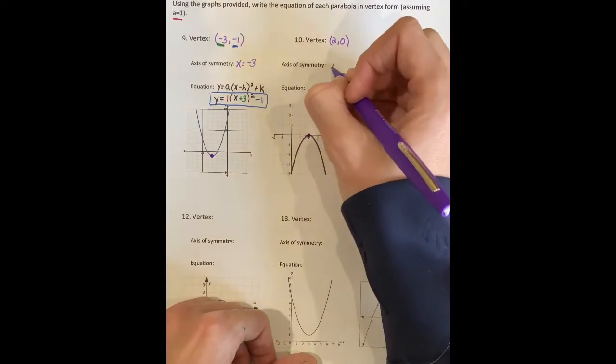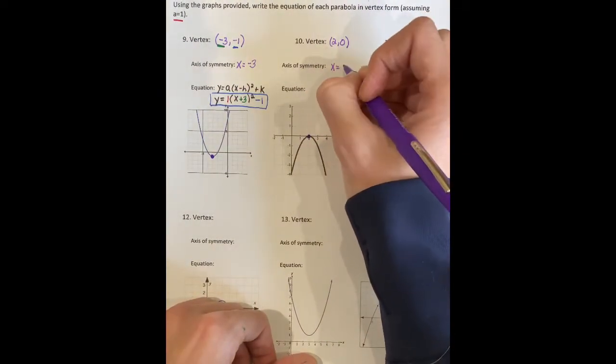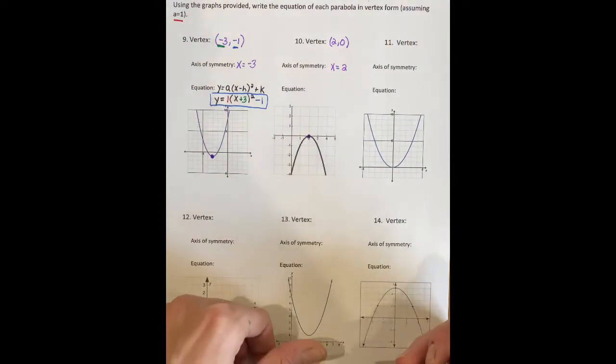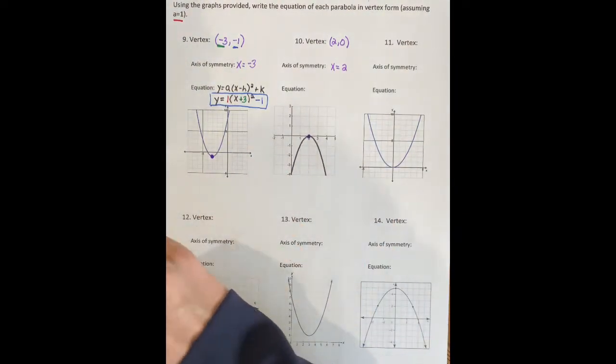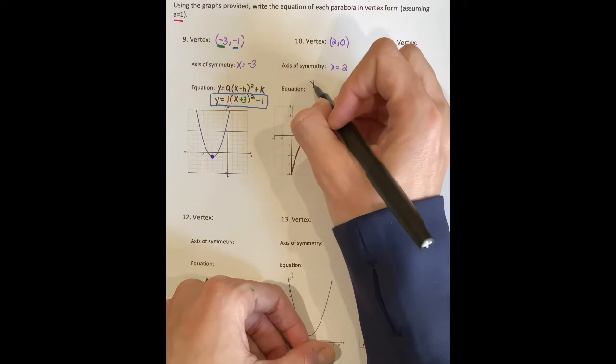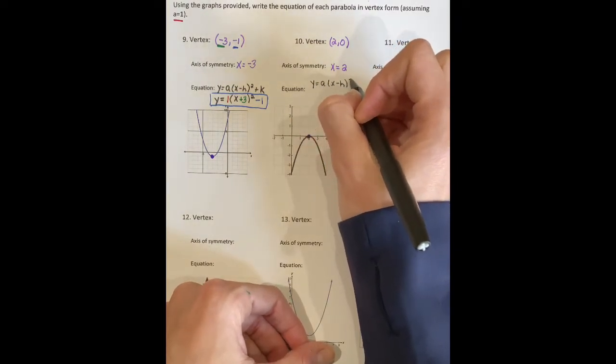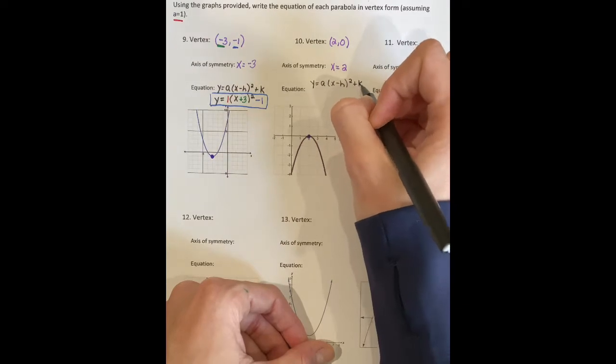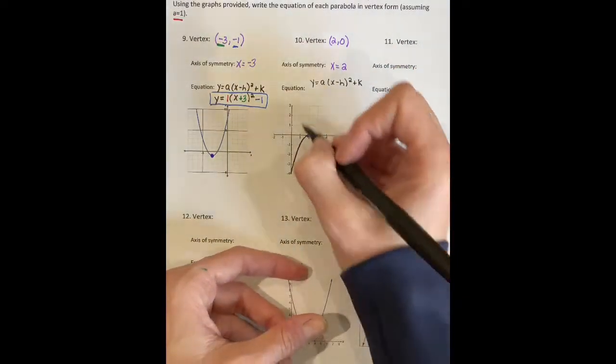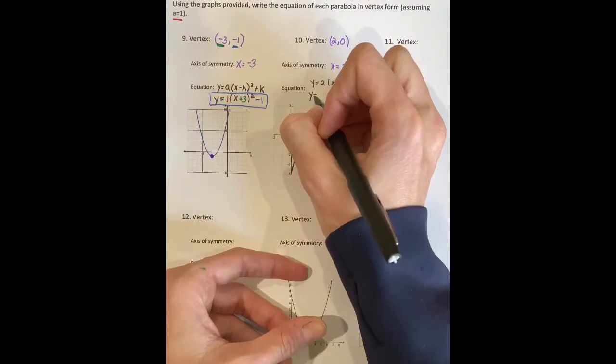So my axis of symmetry is always x equals 2. Then we need to write our general formula of the equation. y equals a(x minus h) squared plus k. So here we have y equals.